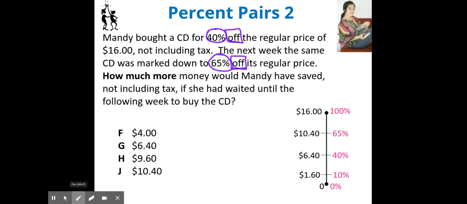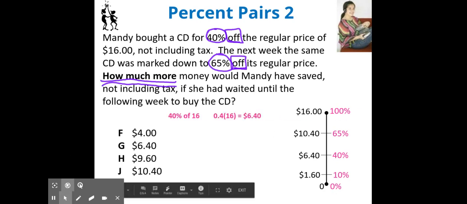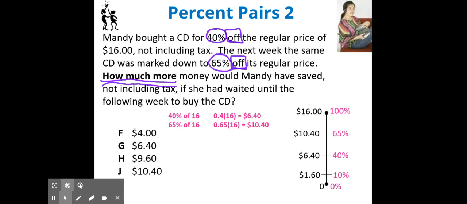Well, the question again says, how much more money would Mandy have saved? If you used your strategies, if you realized the problem, you would have said Mandy would have saved $10.40, $6.40.